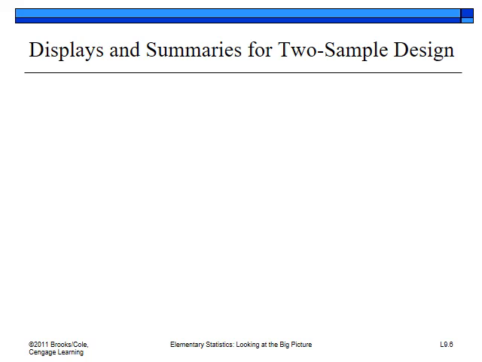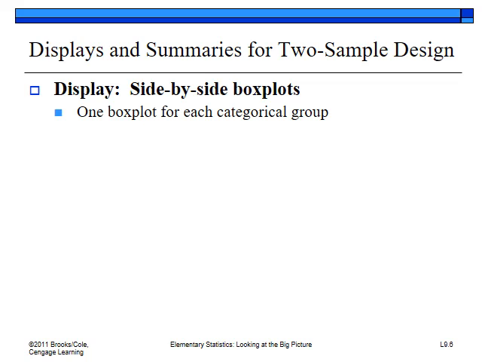When we want to display and summarize the relationship between a categorical and a quantitative variable, where the study is designed as a two-sample study, we will frequently use side-by-side box plots. The way this works is, for each possible response to the categorical explanatory variable, we'll create a box plot for the quantitative variable for each of those possible values for the categorical variable.